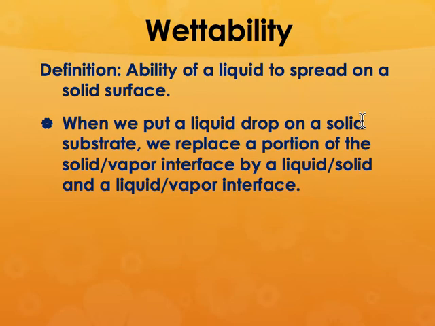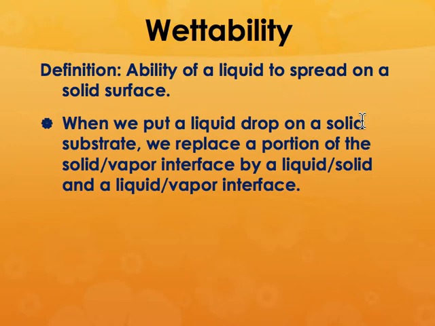And the other thing I wanted to bring to your attention is a property called wettability. Wettability is the ability of the matrix resin to spread on a solid surface. It is controlled by how well that liquid can spread on that solid surface.